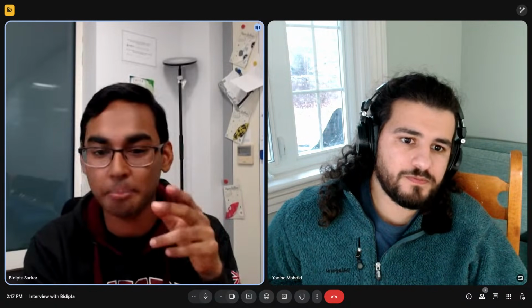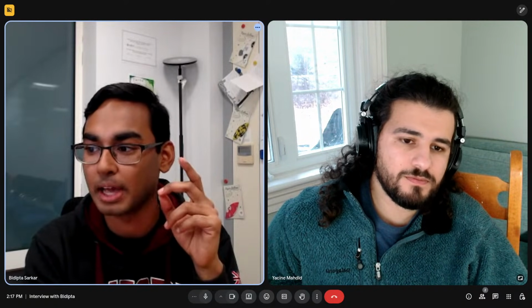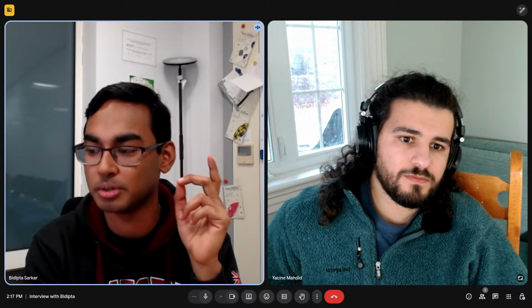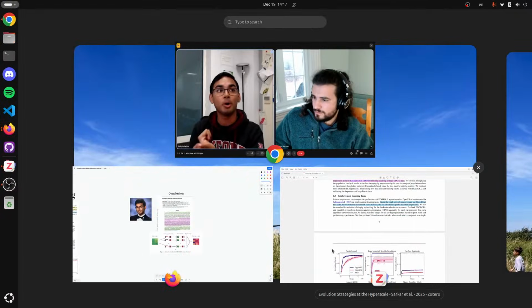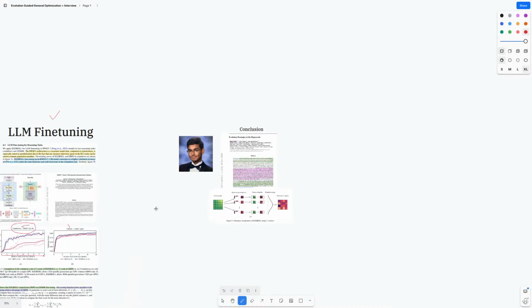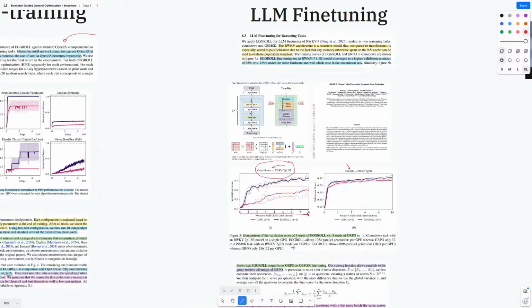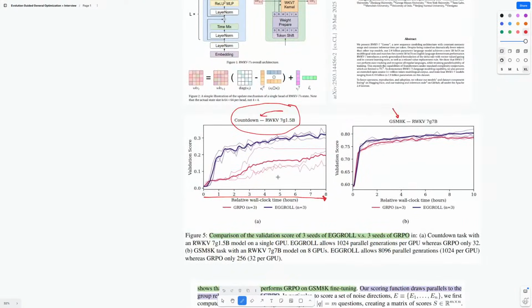But for the LLM RL stuff, which I think is what you're referring to in terms of wall clock time, we control by the same wall clock time, and we have the same number of steps. Yeah, this is the relative wall clock time.